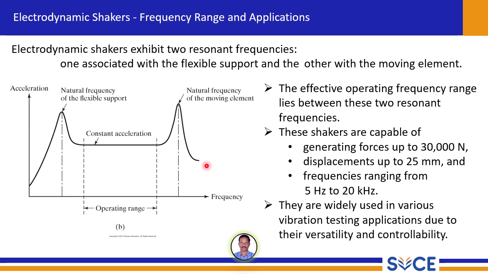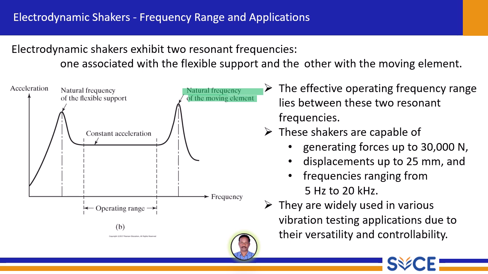One of these is associated with the stiffness and mass of the flexible support system that suspends the moving element. The other resonance frequency is related to the mass and stiffness of the moving element itself, including the coil and the shaker table.